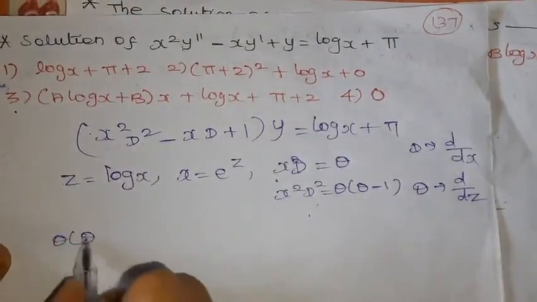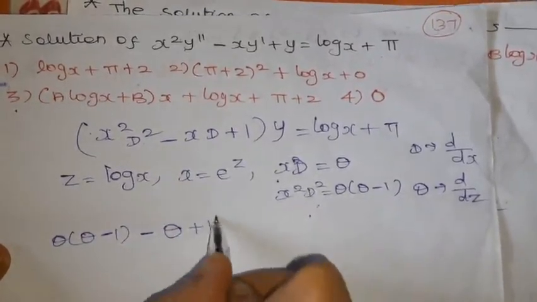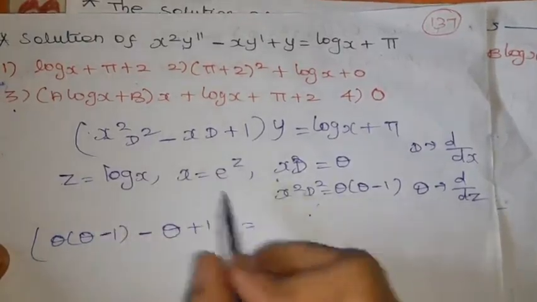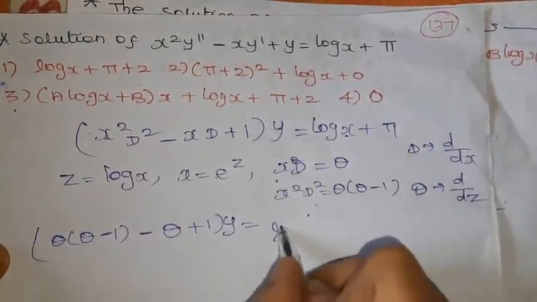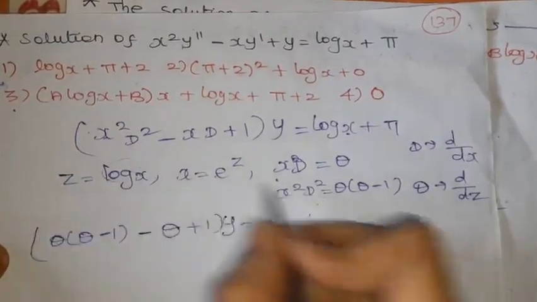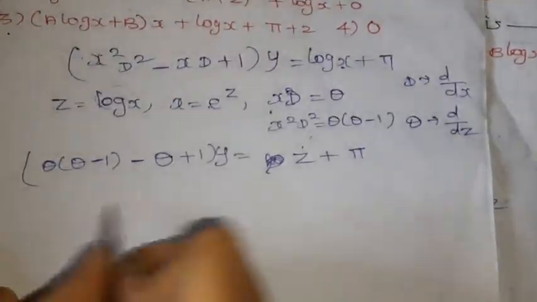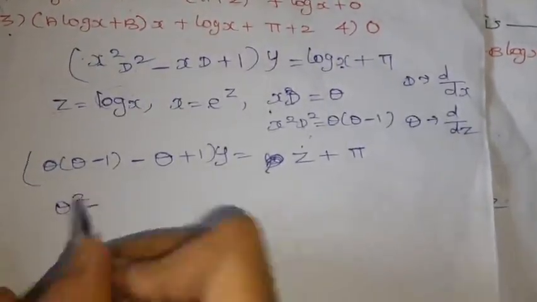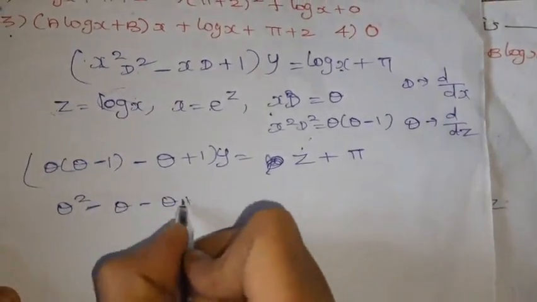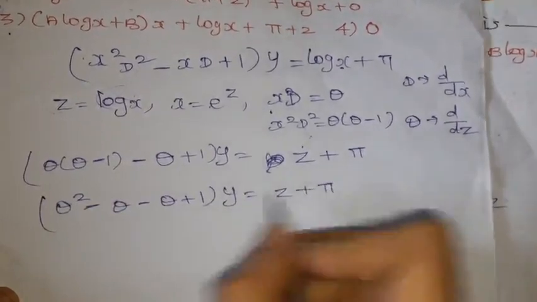So theta into theta minus 1 minus theta plus 1 into y equal to, in place of log x substitute z, right? Log x equal to z plus pi. Theta squared, multiply inside, minus theta plus 1 into y equal to z plus pi.